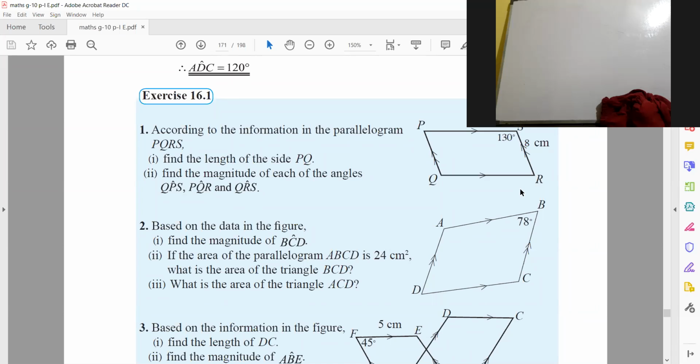Therefore, PSR plus SRQ should be equal to 180 degrees. Now, as this is 130 degrees, 130 plus SRQ should be equal to 180 degrees, right? Therefore, SRQ will be equal to 50 degrees. Okay, then SRQ is equal to 50 degrees, right?